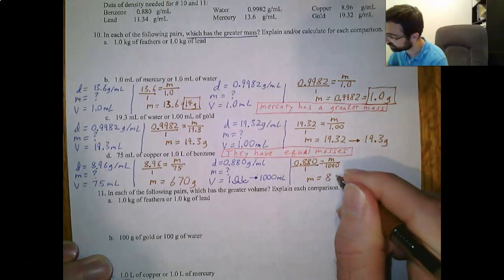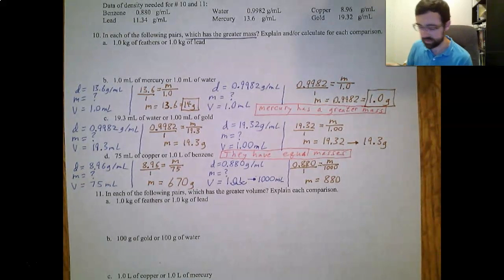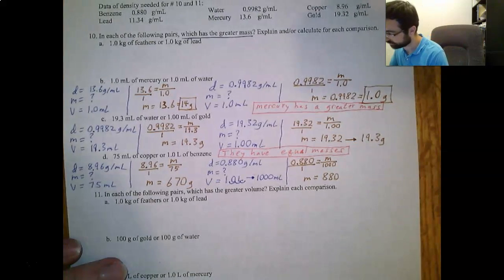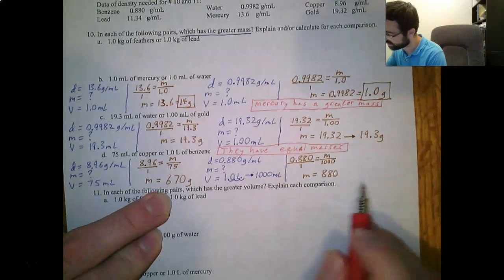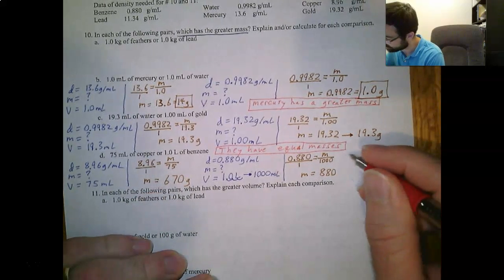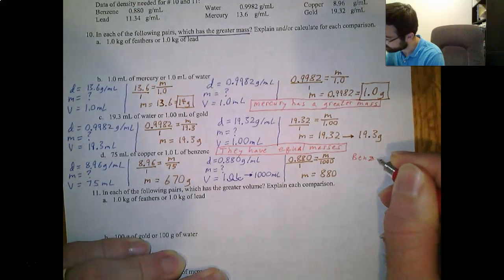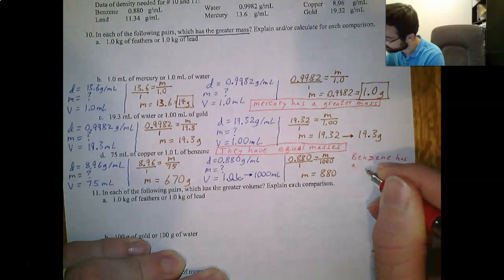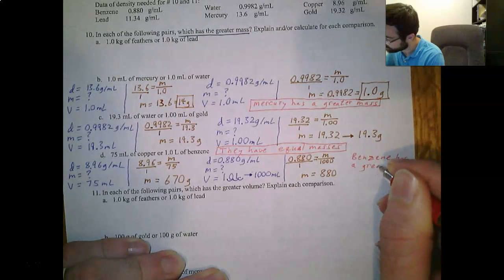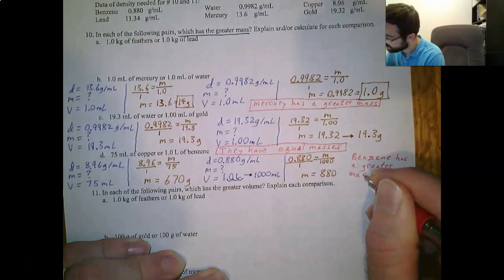It's going to be 880. And that's to two significant figures. All right, which of those has a greater mass? Out of these two, benzene has the greater mass. In this problem.